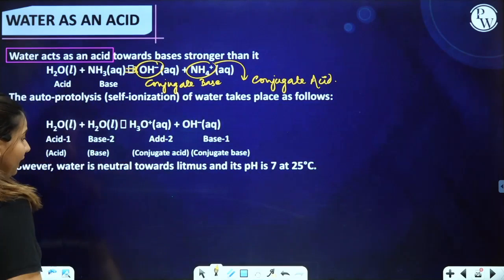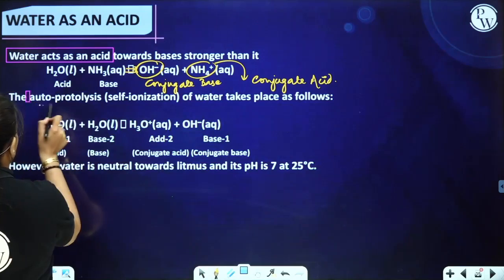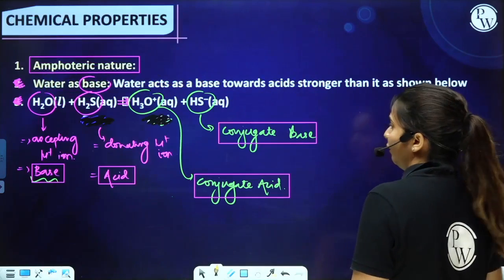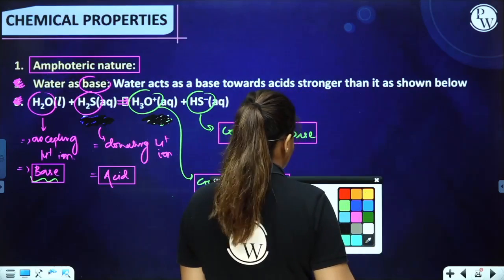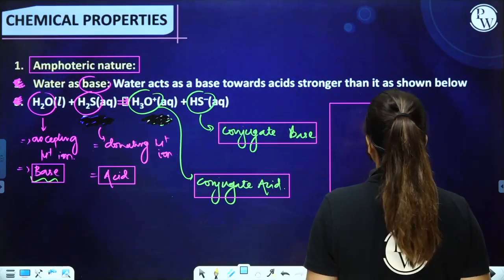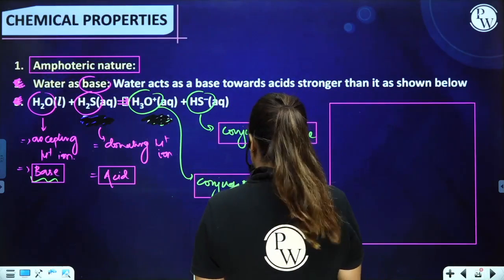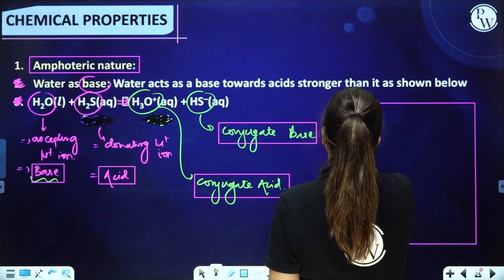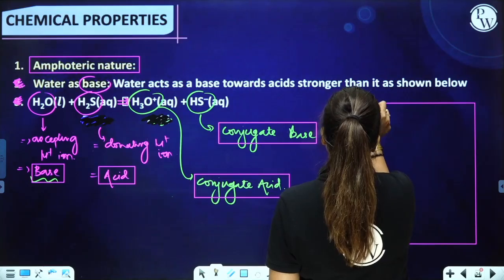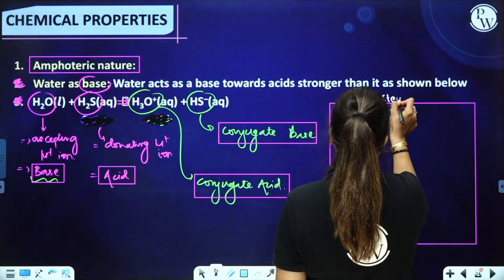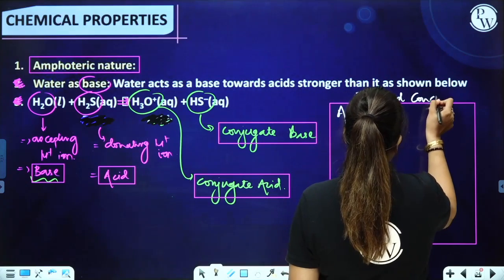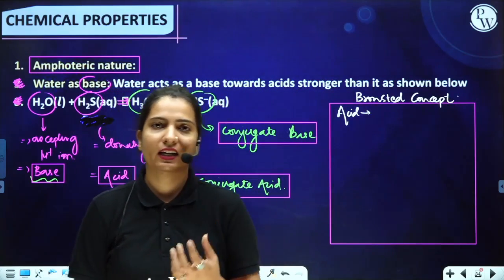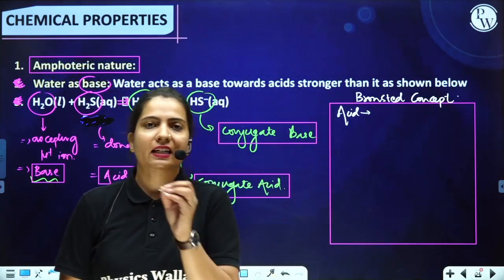Now we have a very important term which is called autoprotolysis. If any of you is having confusion, I should tell you this. This is studied in the equilibrium chapter. Acid is a substance. This is the Bronsted-Lowry concept. Arrhenius tells us that if something is donating H positive ion, it is considered an acid.